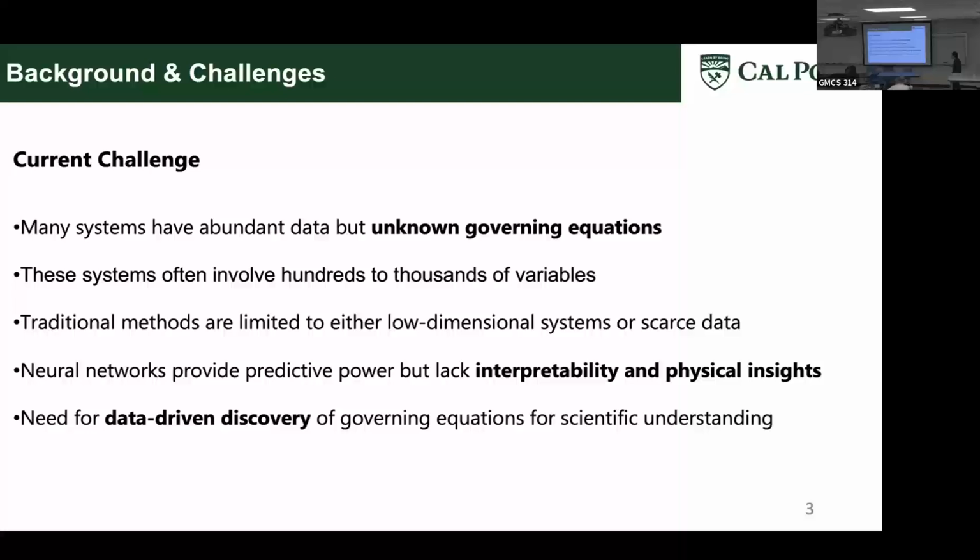But neural networks are naturally black box and non-interpretable, so it's hard to extract physical insights that are crucial for physics and engineering applications. There is an urgent need for data-driven discovery of governing equations for scientific understanding.